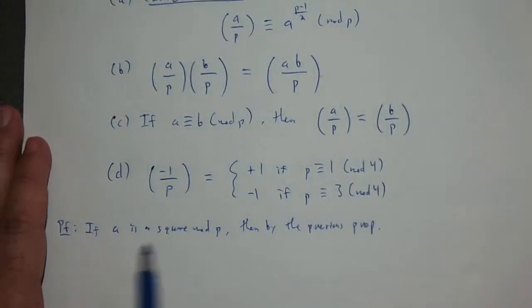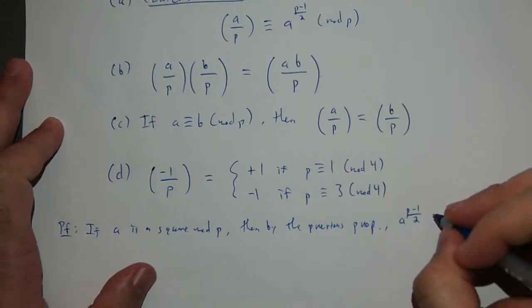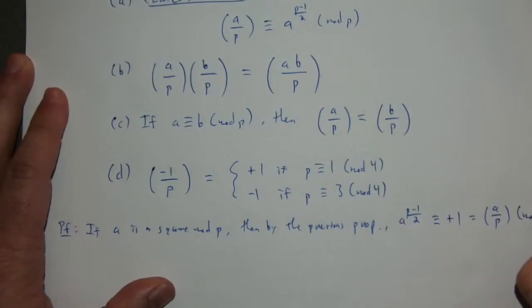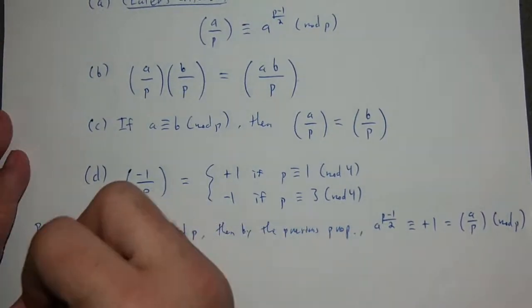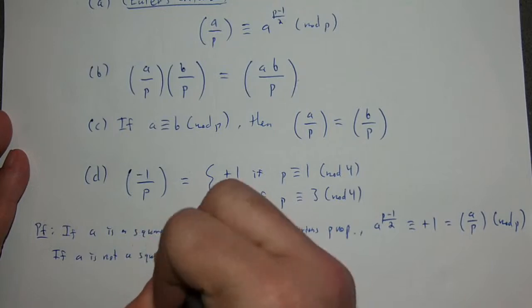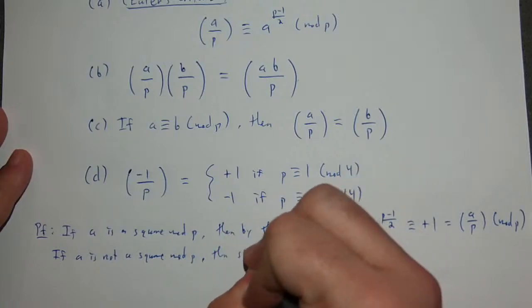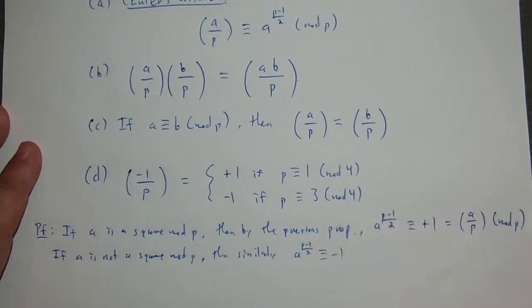Okay. So if A is a square mod P, then by the previous proposition, A to the P minus 1 over 2 is congruent to plus 1, which is equal to A on P mod P. If A is not a square mod P, then similarly A to the P minus 1 over 2 is congruent to minus 1.